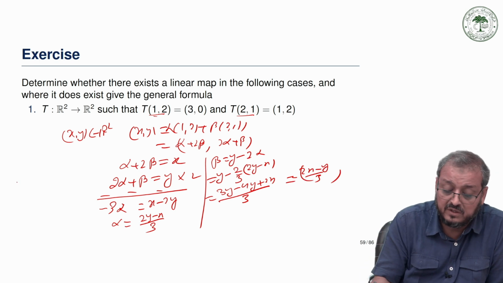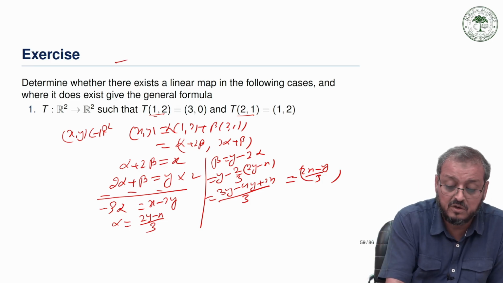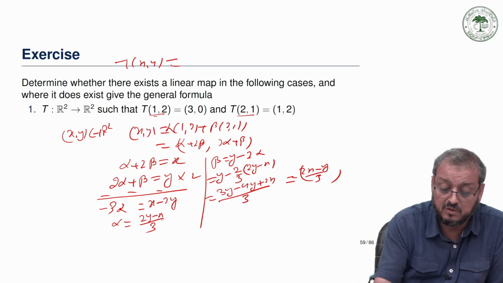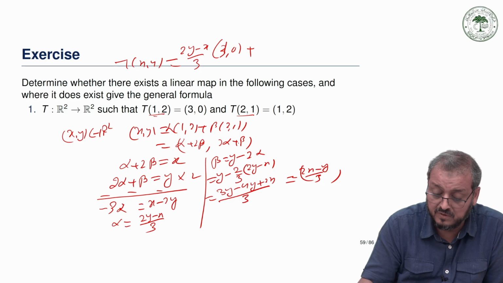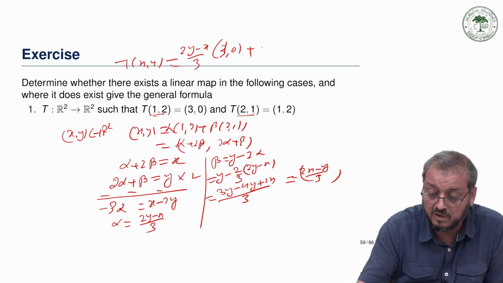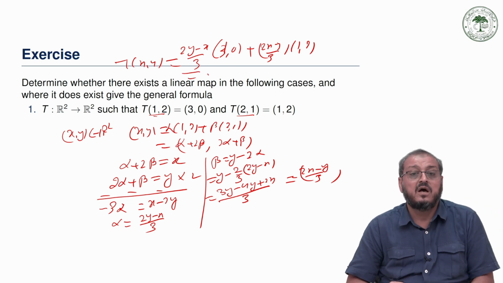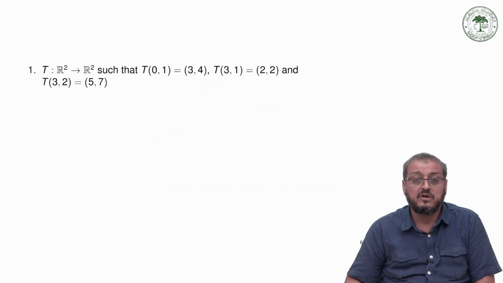So this means we can say that T of (x, y) can be written in the form of alpha is equal to (2y minus x) by 3 times (1, 0), plus we substitute the value for beta, then you have (2x minus y) by 3 times (1, 2), and then simplify this, we get the result of a linear transformation, the general formula for a linear map.